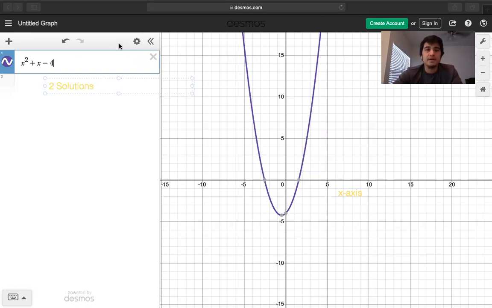But that's where the easiness goes, because look at my solutions: negative 2.562 and 1.562. Those are not nice numbers. Those are really nasty numbers and honestly not accurate numbers. They're estimates.